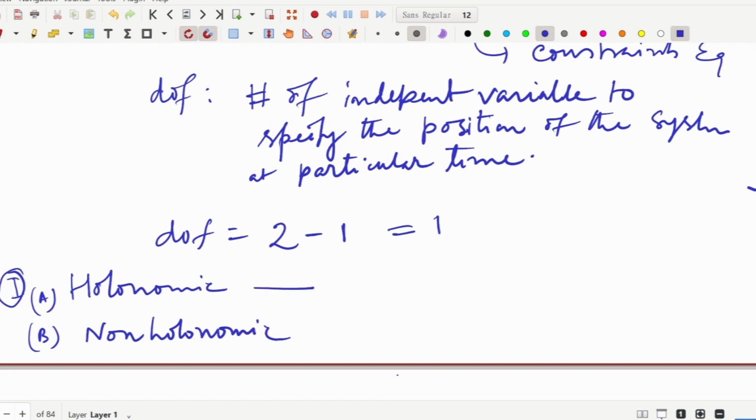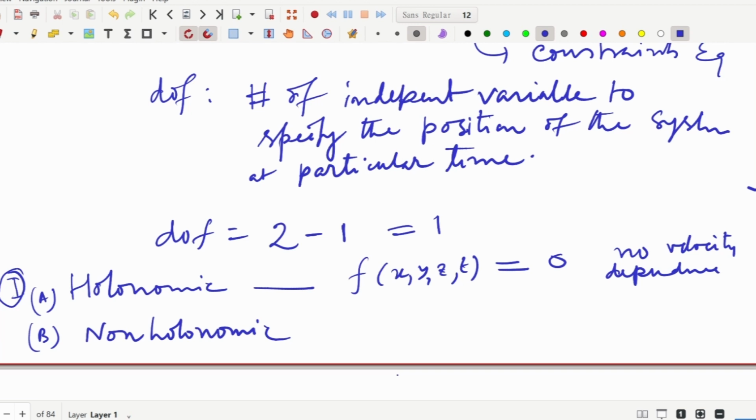What are holonomic constraints? If you can express the constraint equation in terms of an equality like this, then it is called a holonomic constraint. Two important characteristics: one, no velocity dependence, and an equal sign.